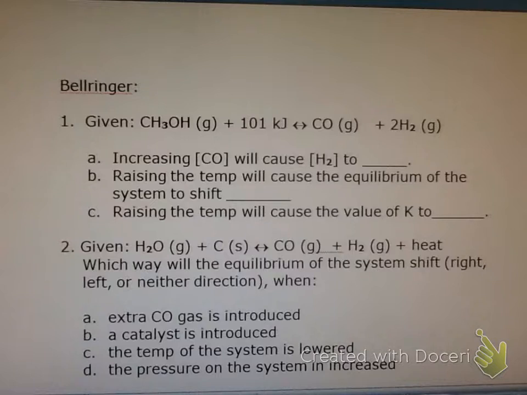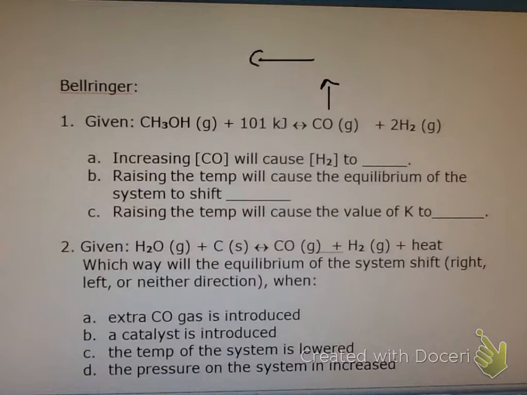So in number 1A, increasing the concentration, remember that's what square brackets mean, of CO will cause the concentration of H2 to do what? So we go up here to our equation. These all are gases. And if I increase CO, I inject some more into that system at equilibrium, add shifts away.